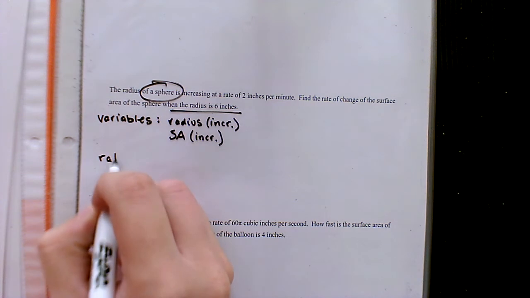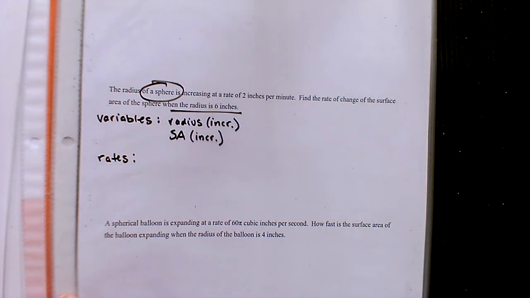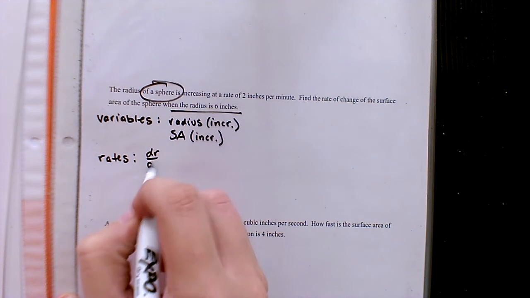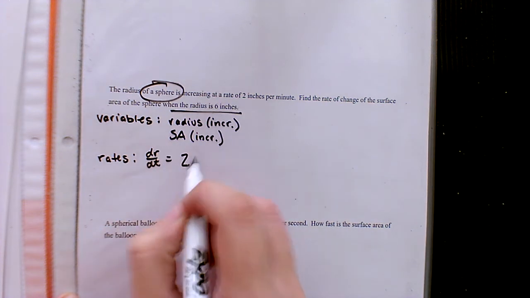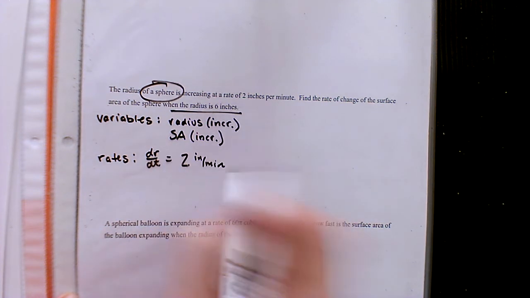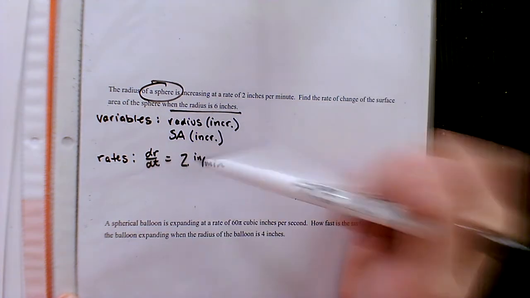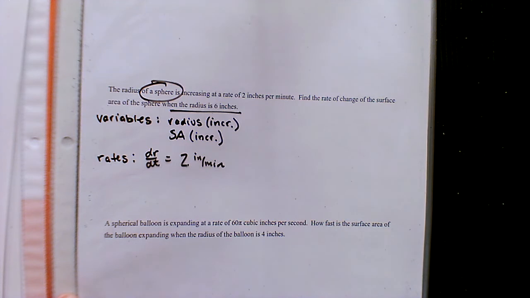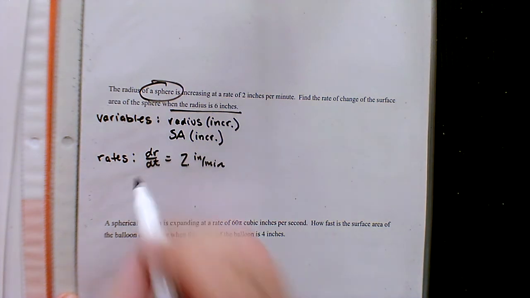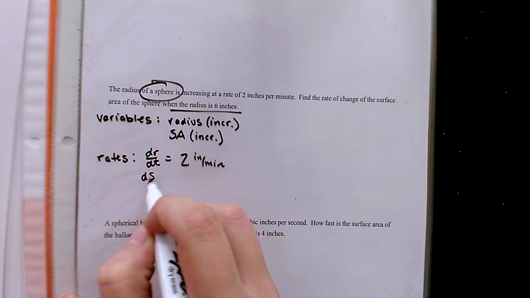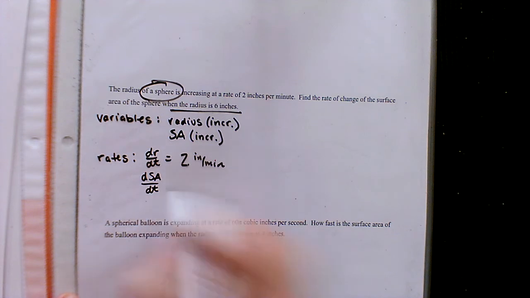Can we list some rates? Rates that we know, rates that we want to find. dr over dt is 2 inches per minute. Now we said radius was increasing, so this will stay a positive 2. There's no need to make it negative. What about the rate we're trying to find? Surface area. So dSA over dt, the derivative of surface area.